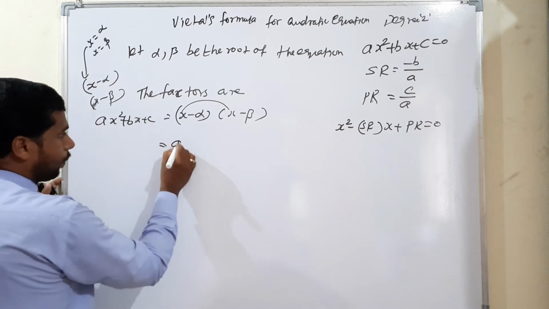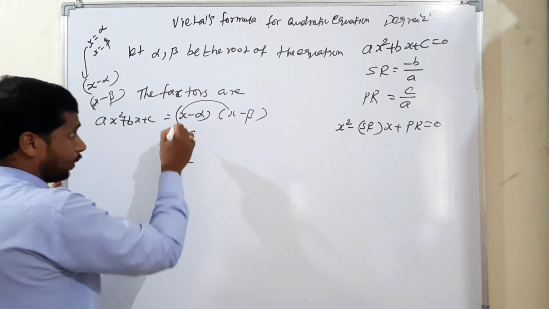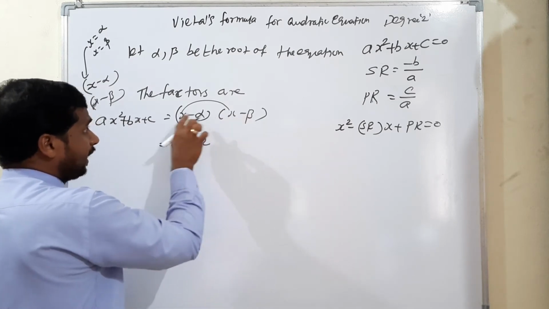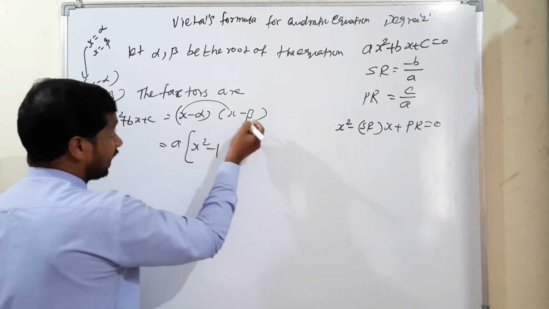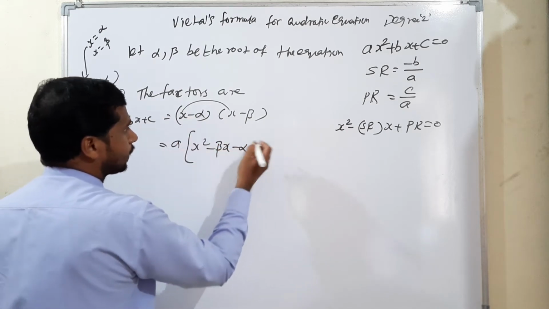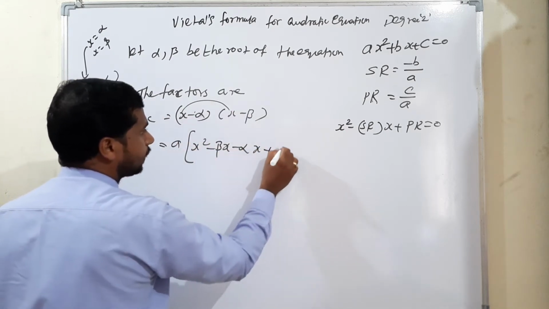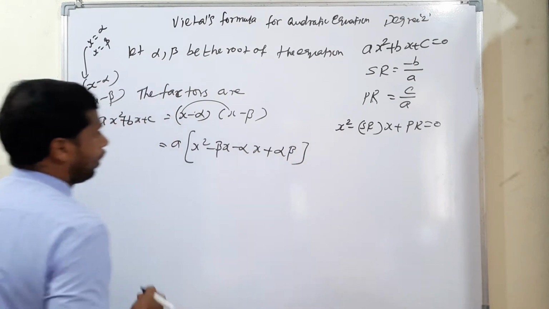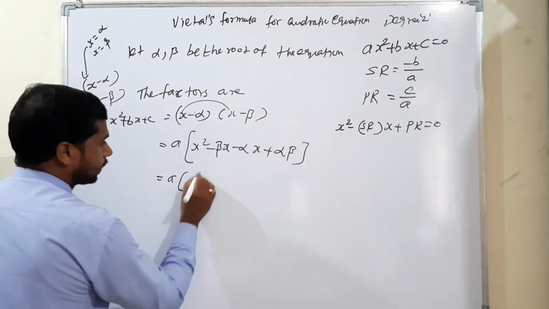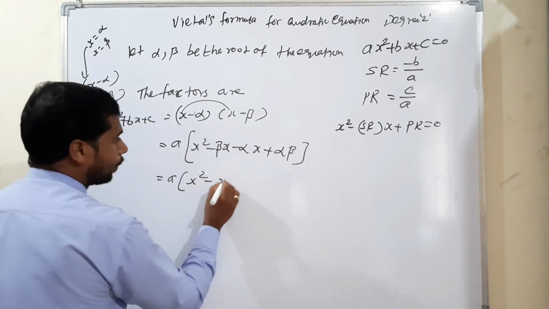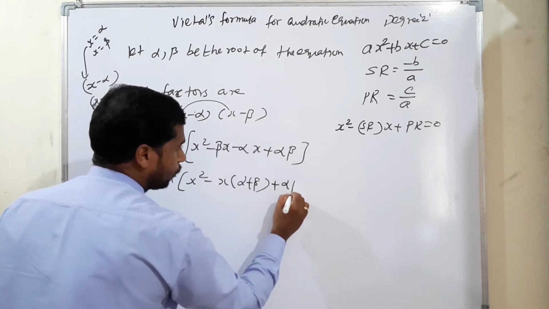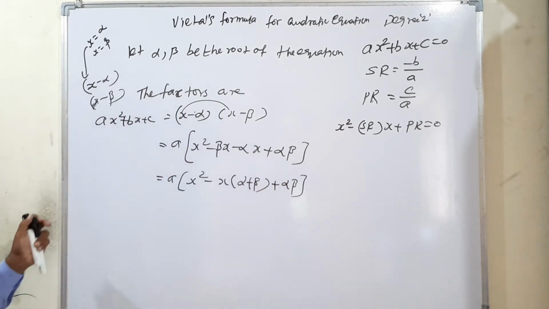If you take a common outside, what happens inside? x into x is x square, then minus beta into x is minus beta x, then minus alpha into x is minus alpha x, again minus into minus is plus alpha beta. Again, a outside as it is, so x square minus x, taking x common outside, inside alpha plus beta, then the product of the roots, that is alpha beta.